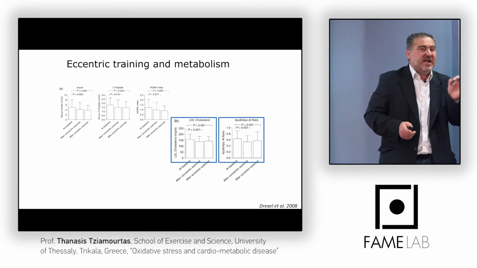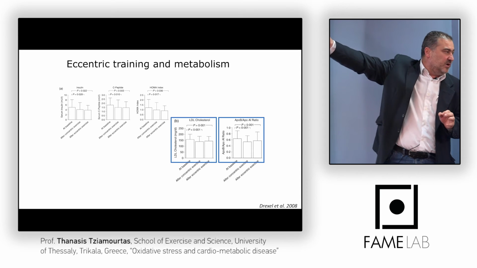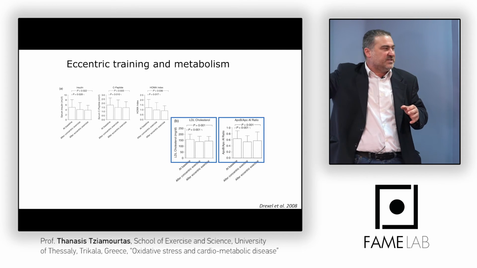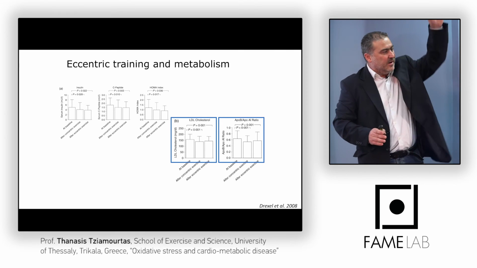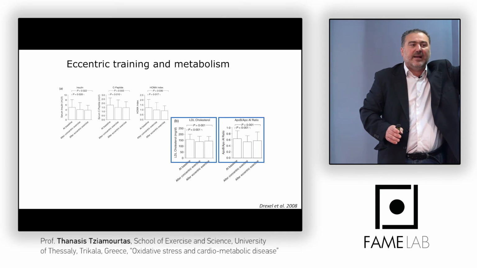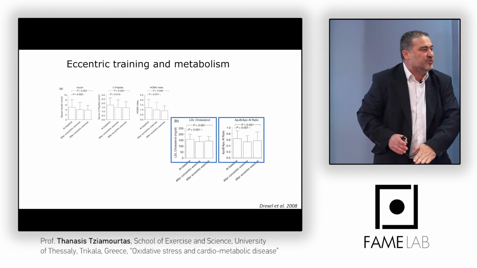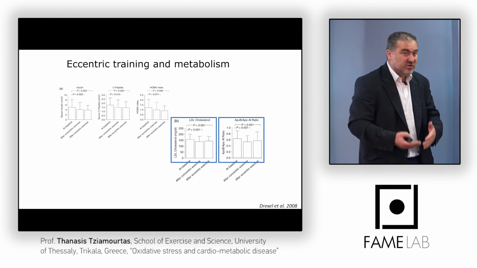Here we have 8 weeks of training, and they took individuals to a ski resort, and they took individuals uphill with the lift, and they had them come down on foot. When they come down on foot, they perform eccentric contractions, correct?